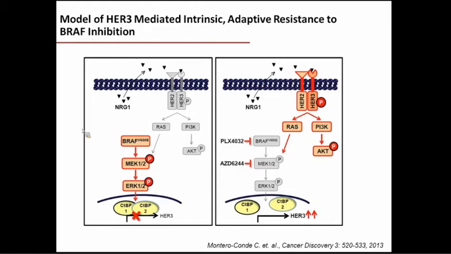In the case of HER3, it does it by suppressing the actual expression of this receptor through interaction with some inhibitory transcription factors. When you come in with either a RAF or a MEK inhibitor and you block this pathway, this upstream signal gets de-repressed, in part because transcription of HER3 is increased, but these cells are unfortunate enough that they constitutively make the ligand for this HER2-HER3 dimer, which is neuregulin 1. So in response to this, you get reactivation of the pathway and adaptive resistance.